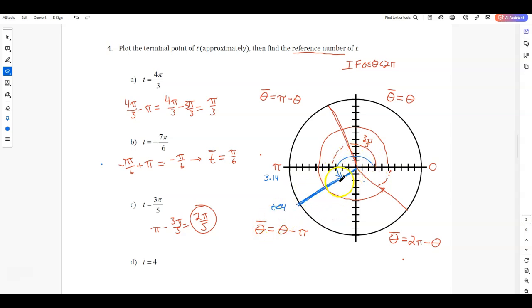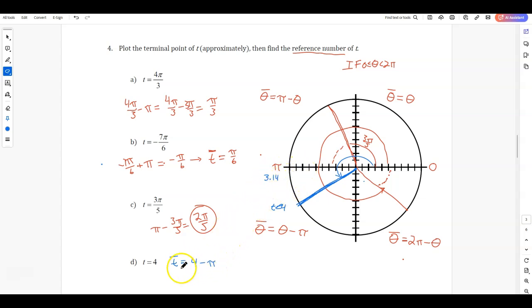So what is the reference angle? It's just that angle minus pi. So that'll be what it is right there. We would say t bar in this case is 4 minus pi. And if you want an exact value, you just leave it like that. If you want an approximation, you put it in your calculator. It's going to be about 0.86, whatever comes out for that 4 minus pi.